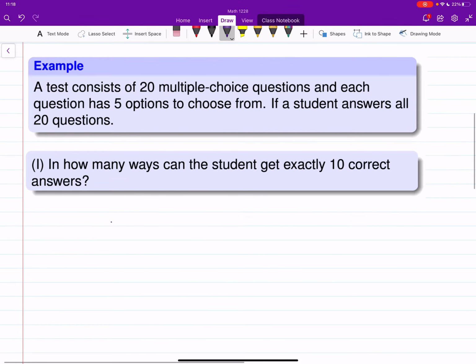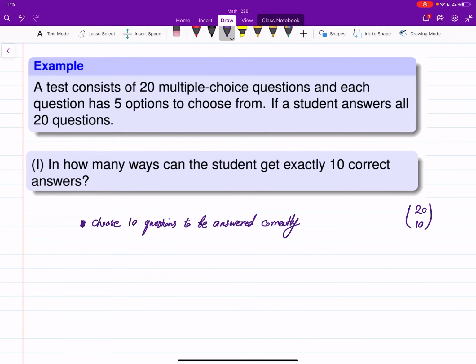Again, we start with choosing 10 questions to be answered correctly. This is the same as before. We choose 10 out of 20, 20 choose 10.